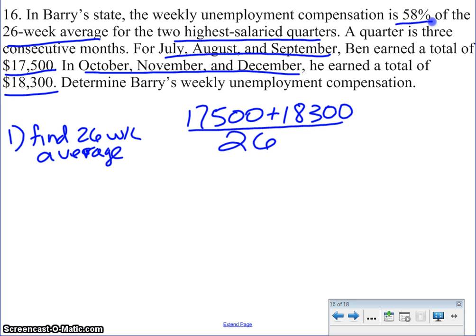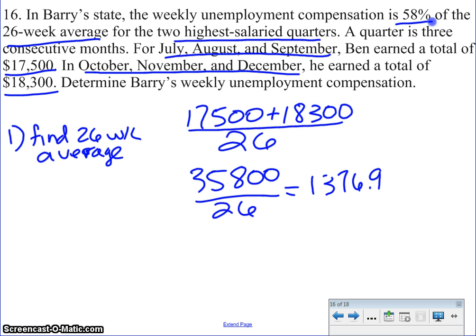When I add those values together, I get 35,800 divided by 26, and I get $1,376.92.